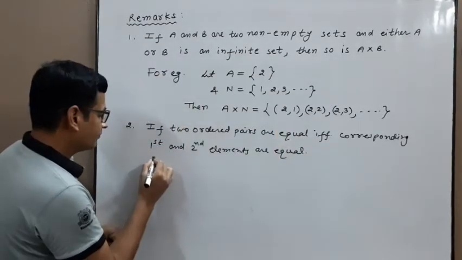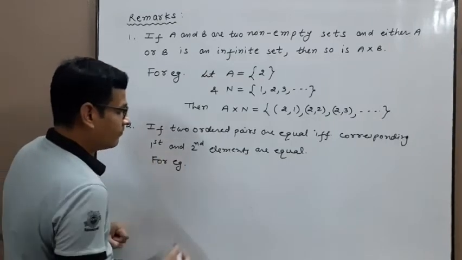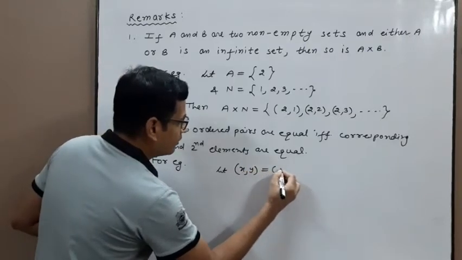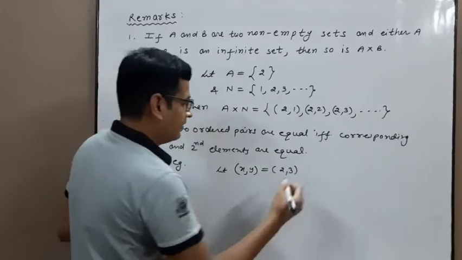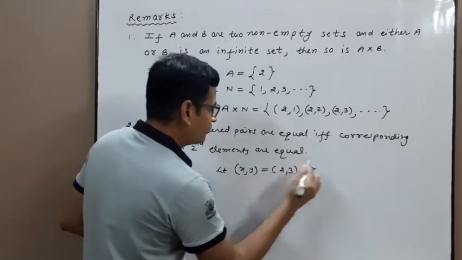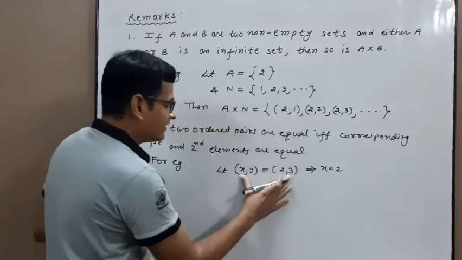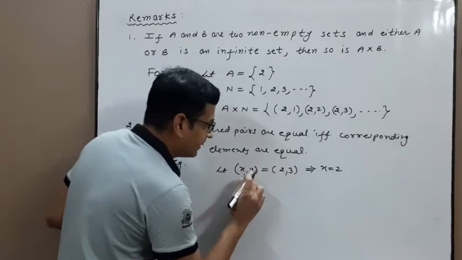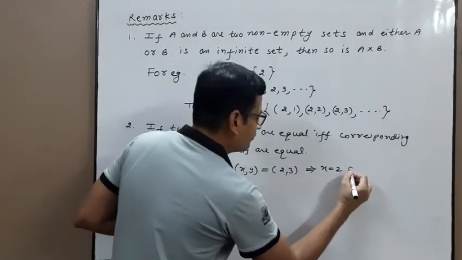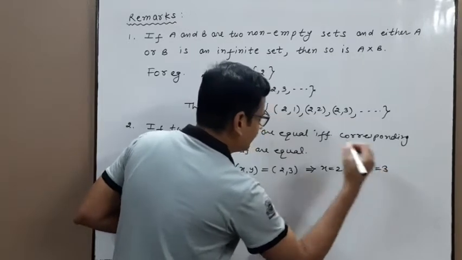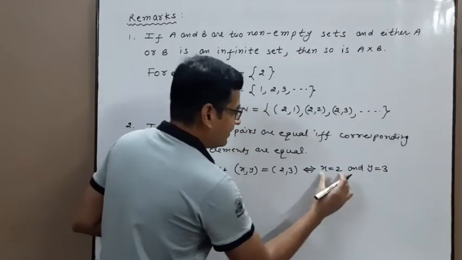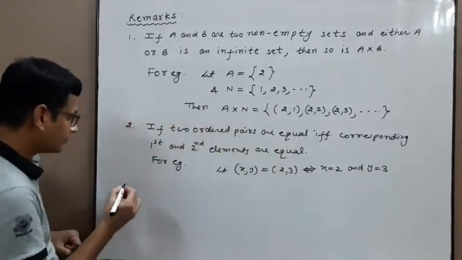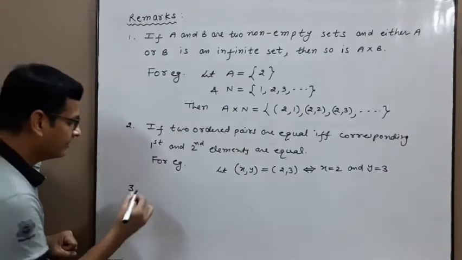For example, let (x, y) equal (2, 3). This implies x equals 2. If ordered pairs are equal, then their corresponding elements are equal, means first element equals first element, second element equals second element. So x equals 2 and y equals 3. If x equals 2 and y equals 3, then we can write (x, y) equal (2, 3).